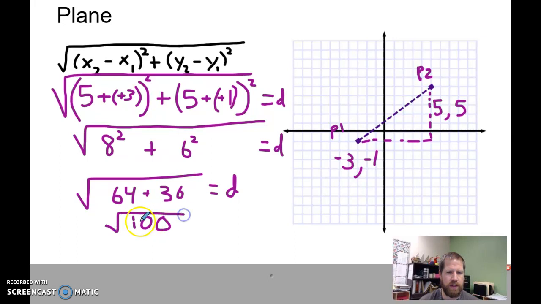That one's pretty nice because everybody should know that the square root of 100 is equal to 10. So I've figured out that this distance right here is 10. I've also figured out that this distance here, my x2 minus x1, is going to be 8, and this one is 6. So I've figured out a whole bunch of things about my distance and my right triangle here.